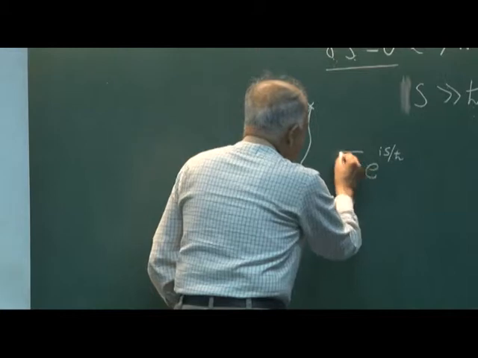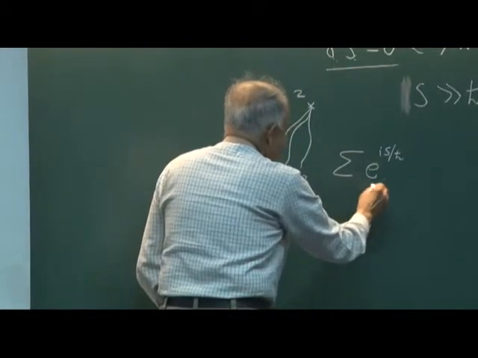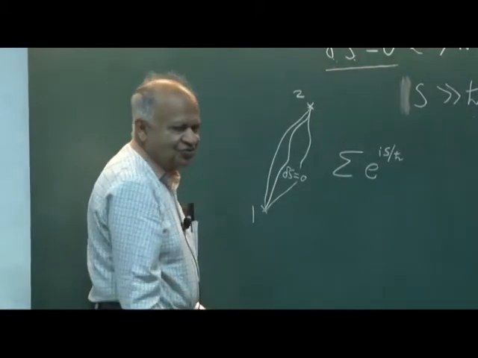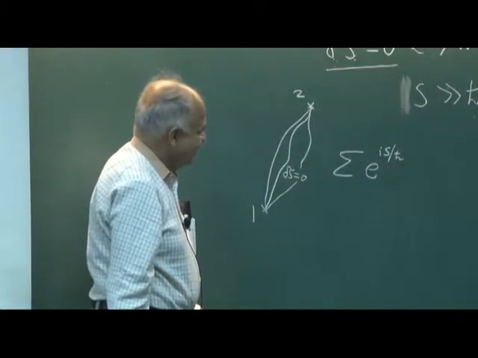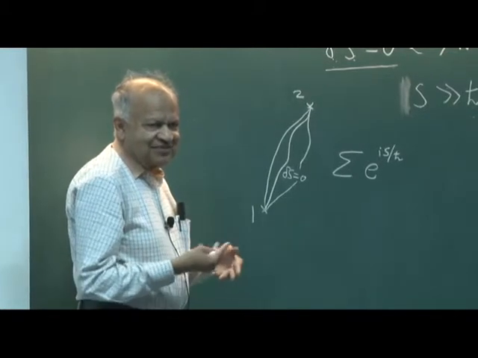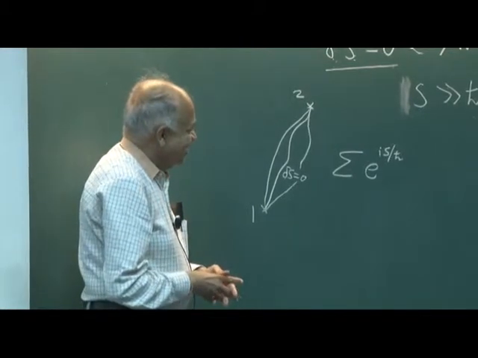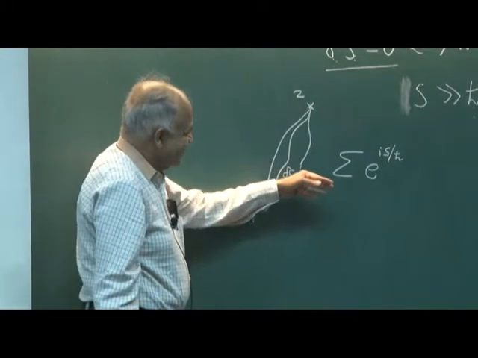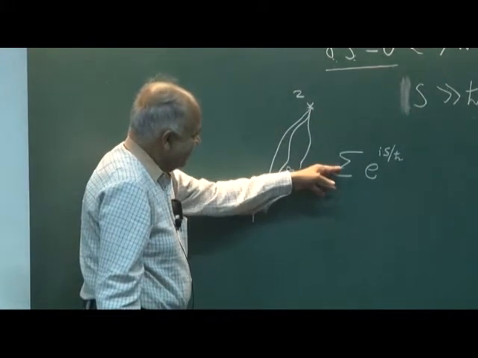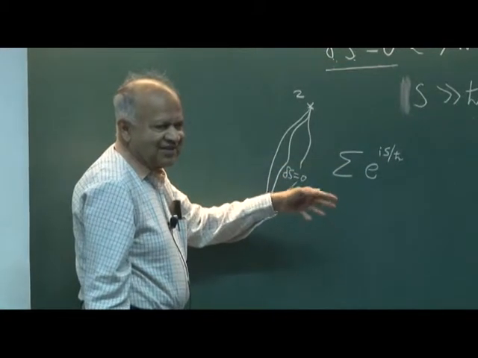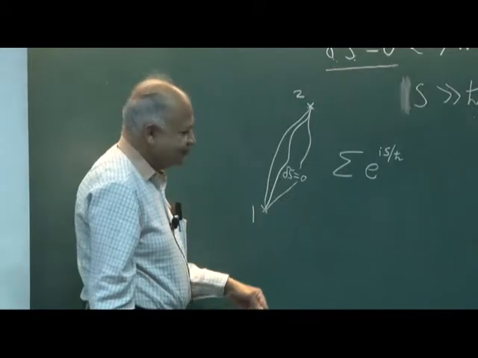So, you sum over this for all paths going from 1 to 2, assuming that such a sum exists. So, you make the assumption of everything being well behaved and the integral being defined. So, this summation over all paths is what is called the path integral, path integration.